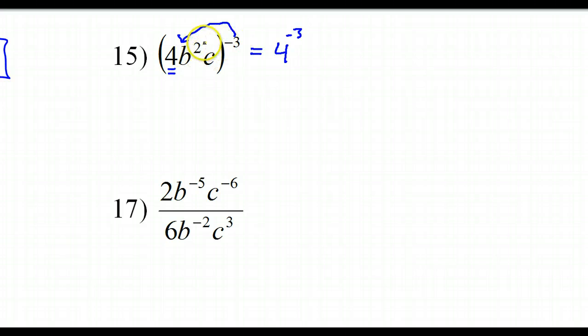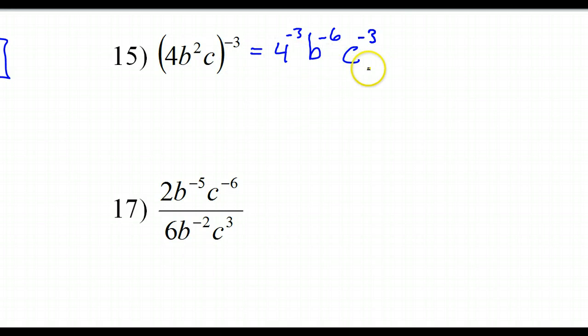With the variables, of course, I can multiply. 2 times negative 3, so this would be b to the negative 6th power. Notice I do not multiply the 4, because that's not an exponent. Now the c, I'm just going to stick this negative 3 power on there. So that's what I have so far.